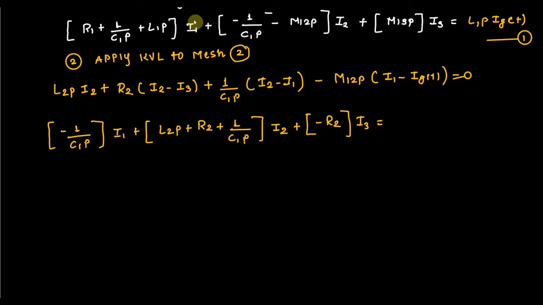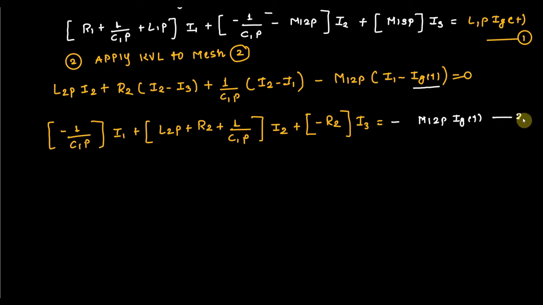But if you see that there is one term, this one, Ig of t. Okay. And we have to transfer this term to the right hand side. But what is the value? This minus minus will become plus. So plus M12P Ig of t. But when we transfer to this side, that value will become minus M12P Ig of t.